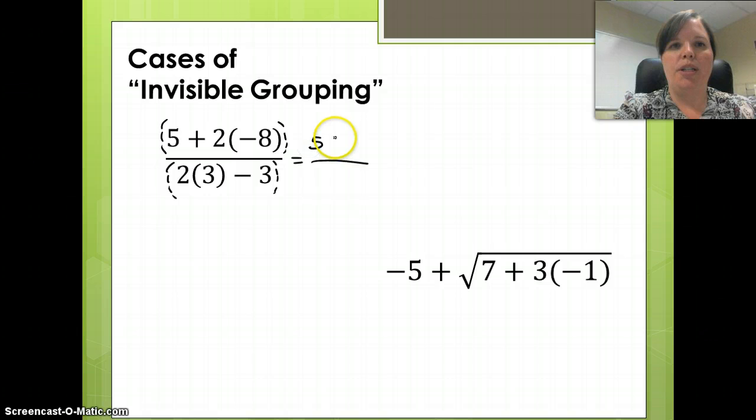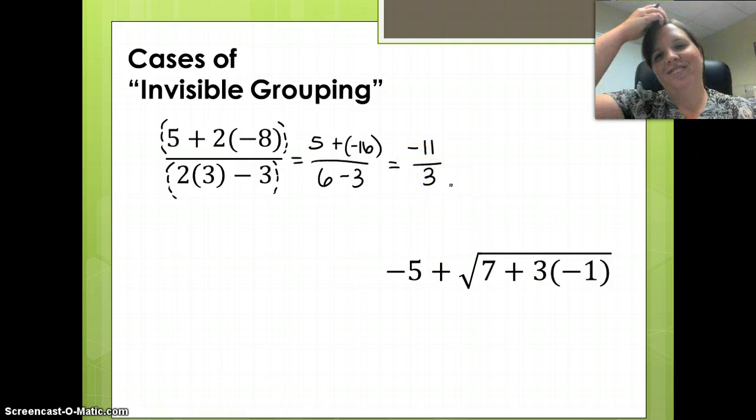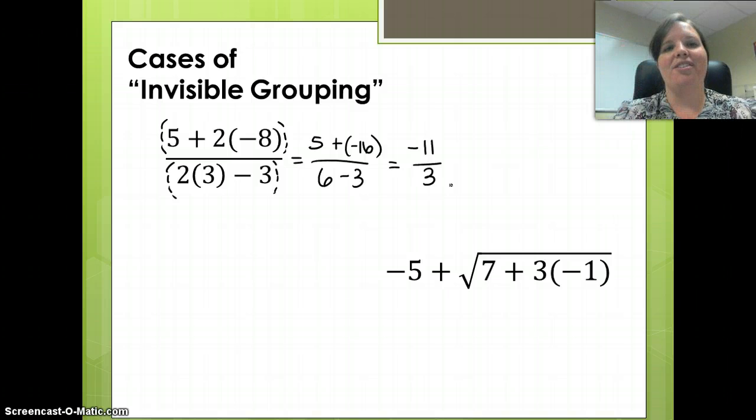So for the first one here, we want to simplify the numerator. 5 plus negative 16 is negative 11, and simplify the denominator, 6 minus 3. I don't think I meant to do that problem quite like that, but anyway, negative 11 over 3 is our final answer.